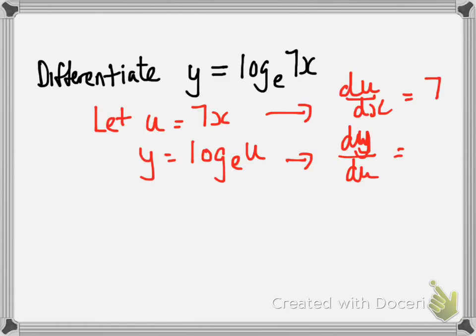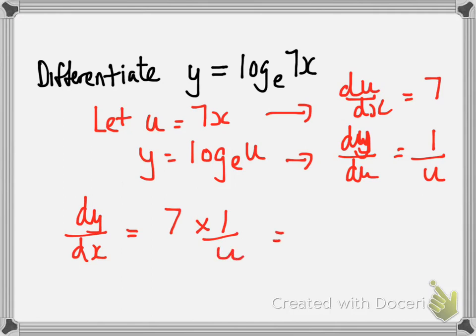So what's the derivative of log u to the base e? 1 over u. Then, using the chain rule, we multiply those two results together. 7 times 1 over u equals 7 over u equals 7 over 7x, which equals what? 1 over x. 7's cancel. 1 over x.